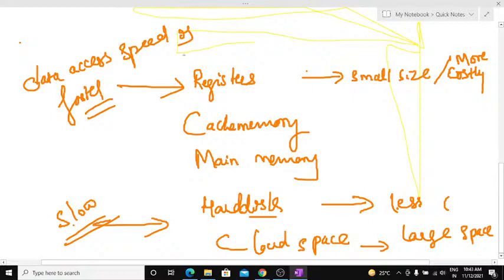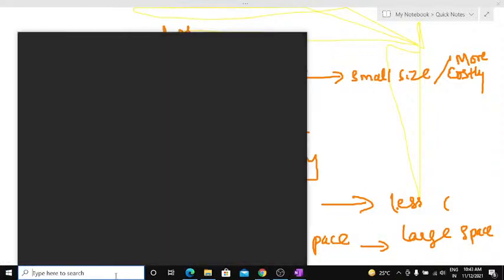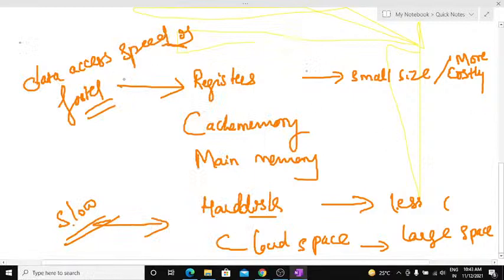If you want faster access, you need to pay more, like cache memory. It is faster memory, but it is costly and the size is very small. If you want more storage of data, then the speed decreases. There are some techniques for how we can improve the speed.